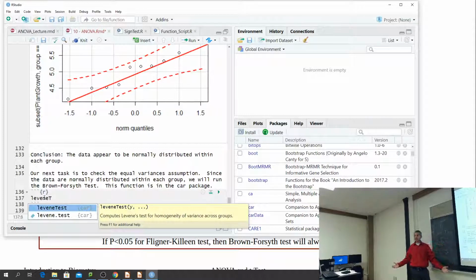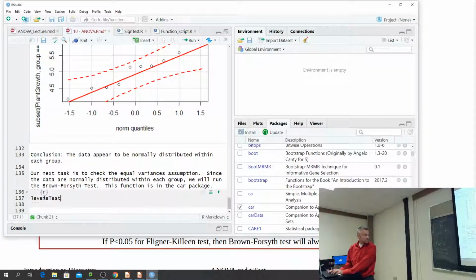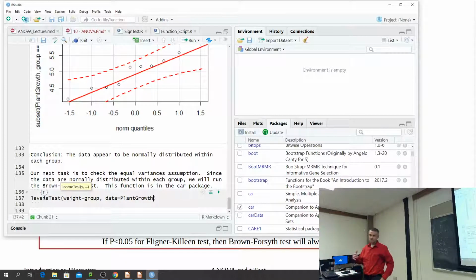I don't even know if it's available in version 4. So, we're using leveneTest, no space, but with a capital T. We're testing weight across our groups, and the data that we're working with is PlantGrowth. All right, so leveneTest, weight is a function of group.